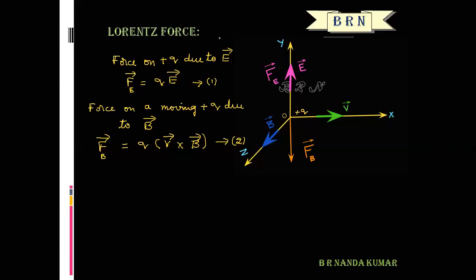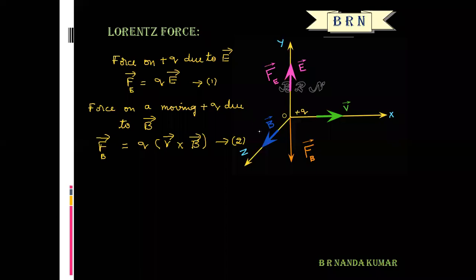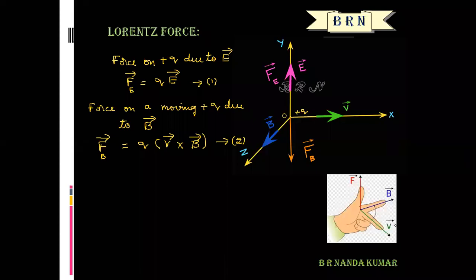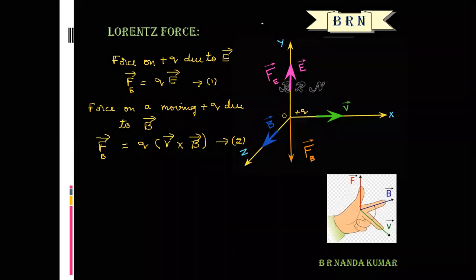That direction can be determined by using Fleming's left hand rule. Stretch out the first three fingers of the left hand in three mutually perpendicular directions.